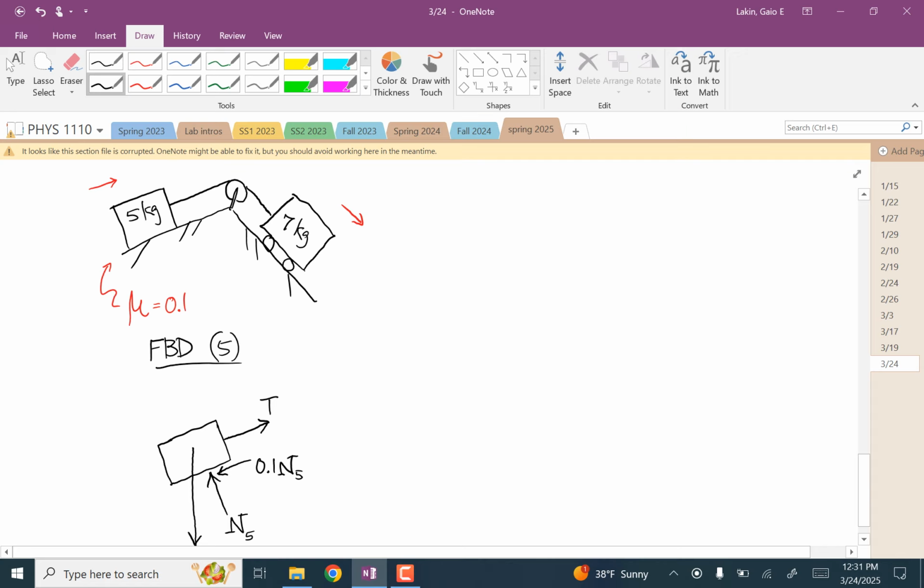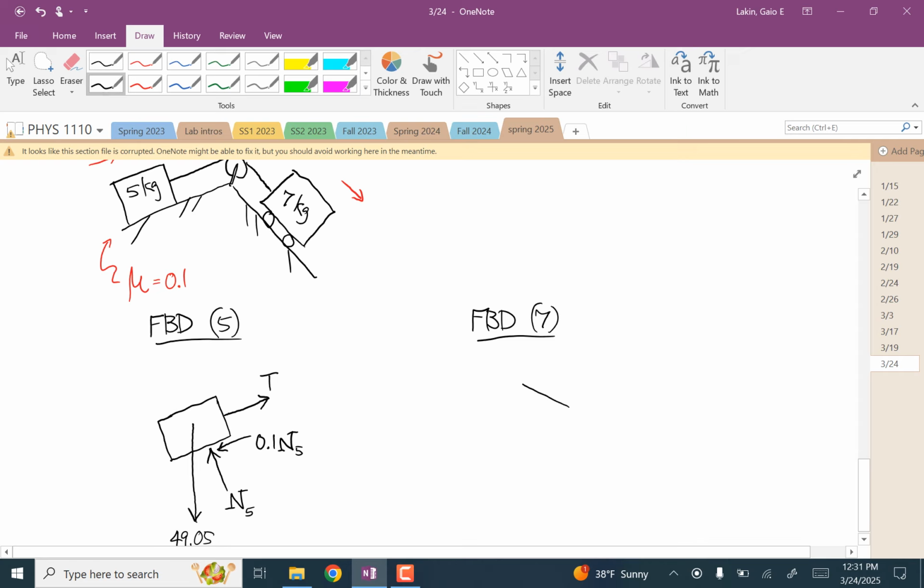So now I'll go to the 7 kilogram. Let me just make the angle look a little more like my other picture.